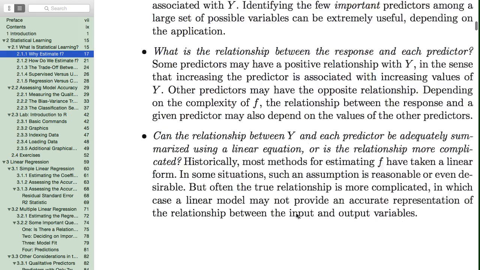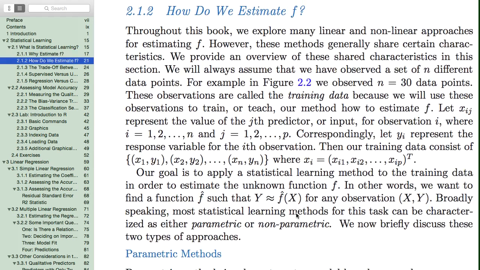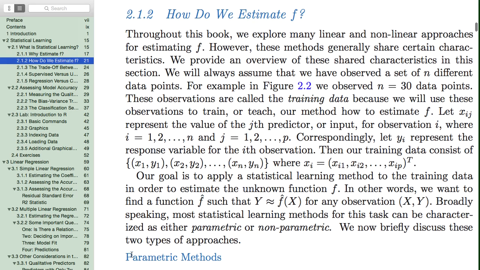Okay, now let's talk a little bit about the estimate, how do we estimate. There are two ways. We can think about estimation as being either parametric or non-parametric. Parametric methods assume some kind of distribution, such as the normal distribution.